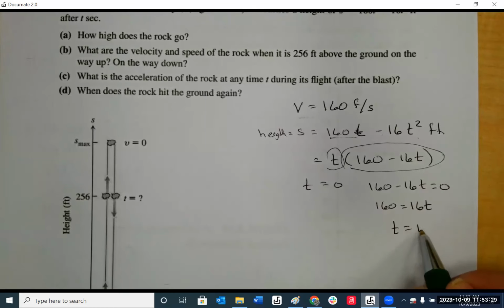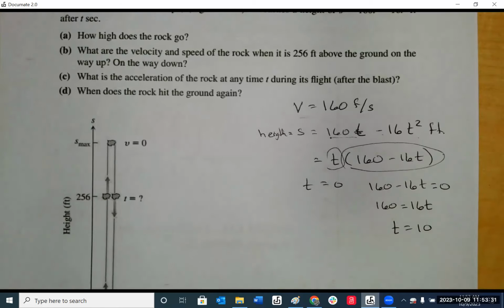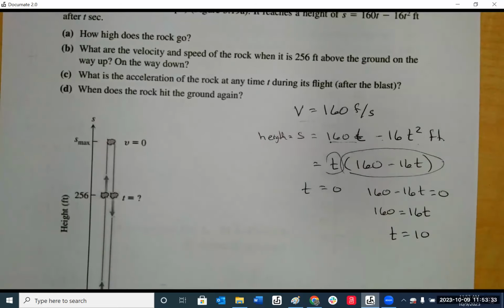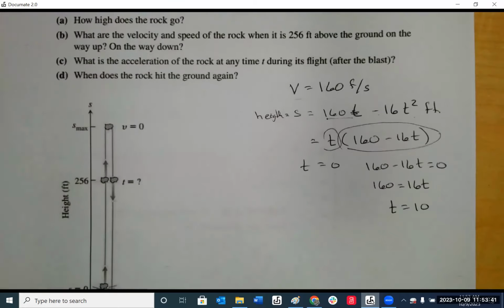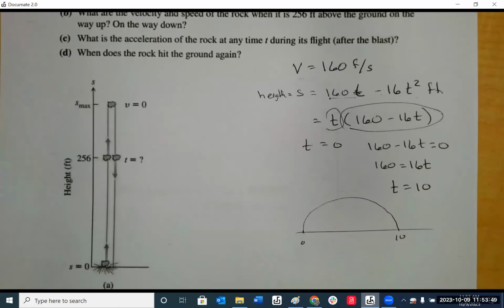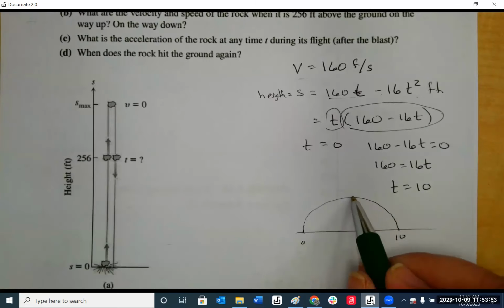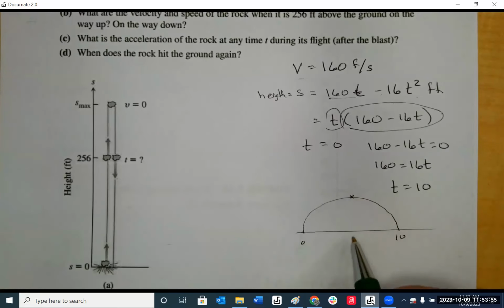So t is equal to 10. Which means if our time starts at 0 and it's a parabola and it goes to 10 seconds, where's our vertex going to be? Our vertex is going to be at t equals 5.